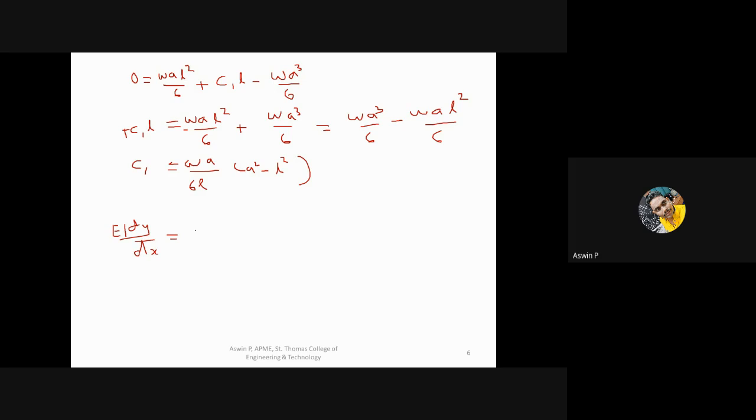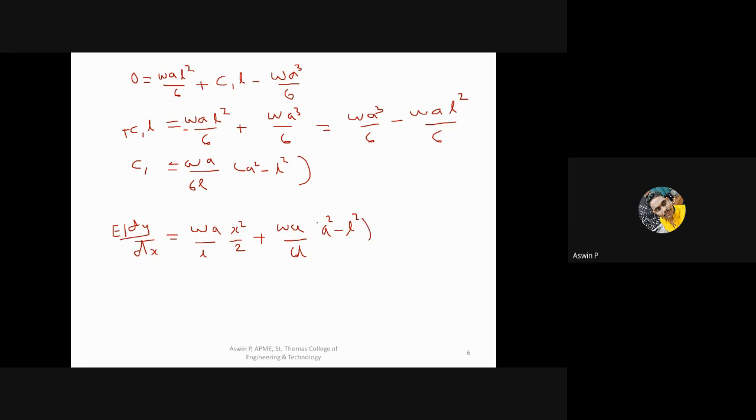So I will substitute the same, WA divided by L into x square by 2, plus C1 will be substituted as such. This is the value. That will be WA divided by 6L into A square minus L square.